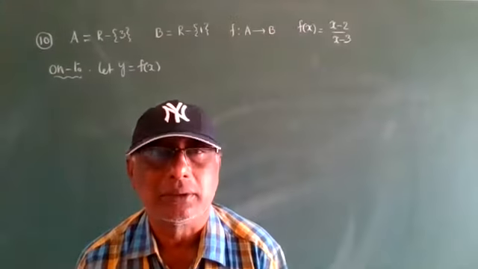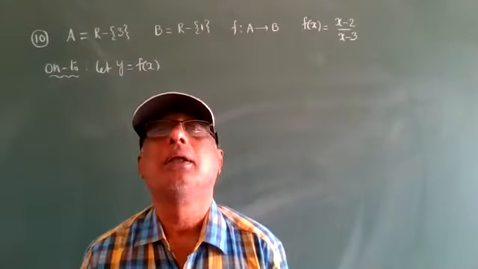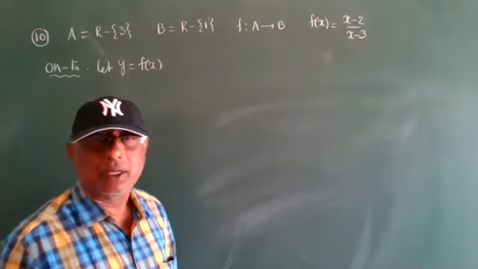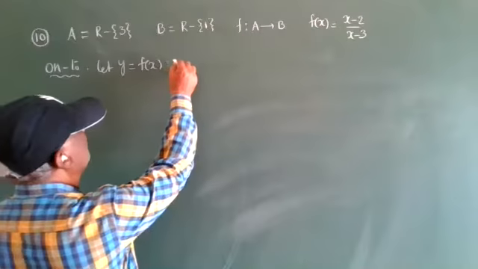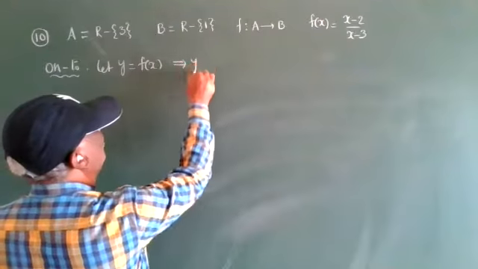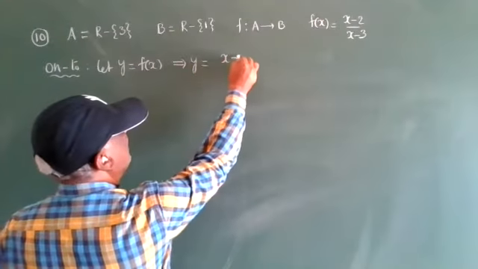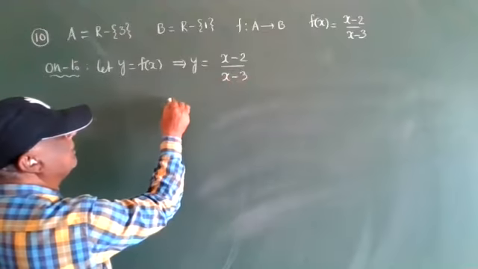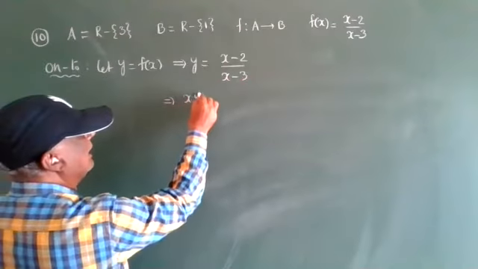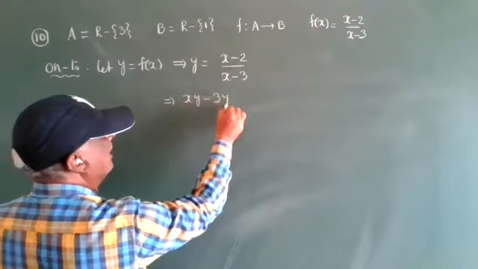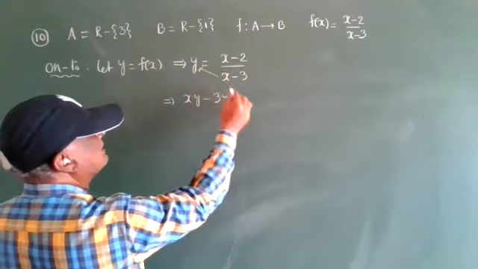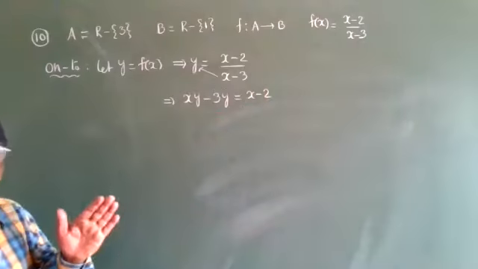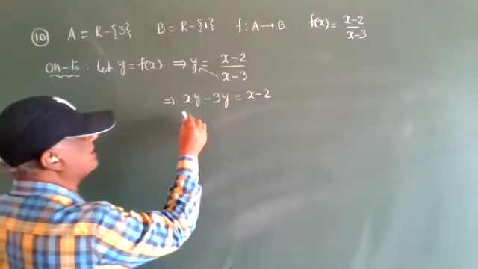Everyone observe. Y is equal to f of x, that implies y is equal to x minus 2 by x minus 3. Cross multiplication: xy minus 3y is equal to x minus 2. X terms on one side, y terms on one side.